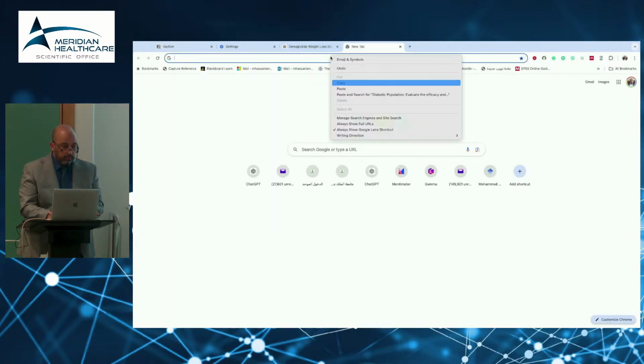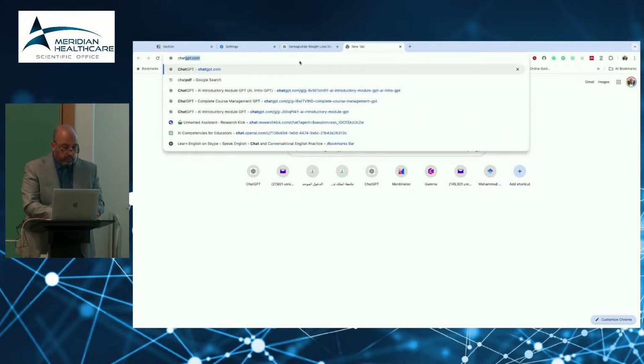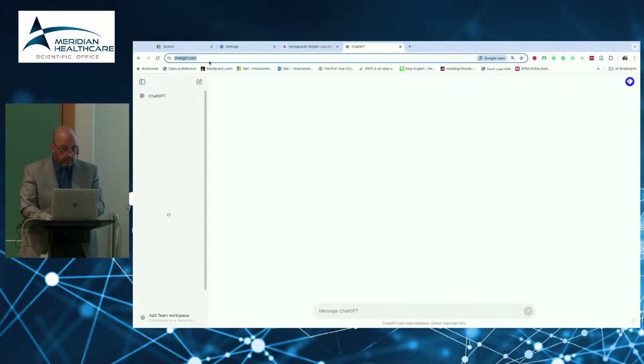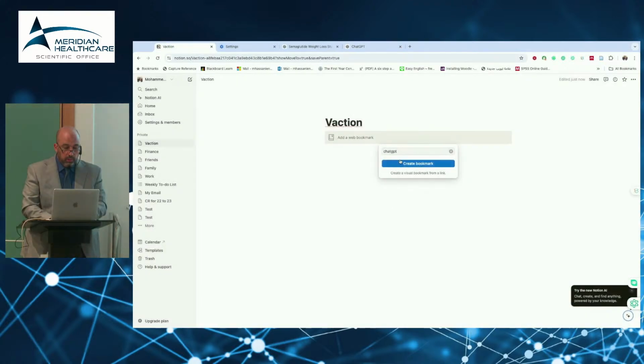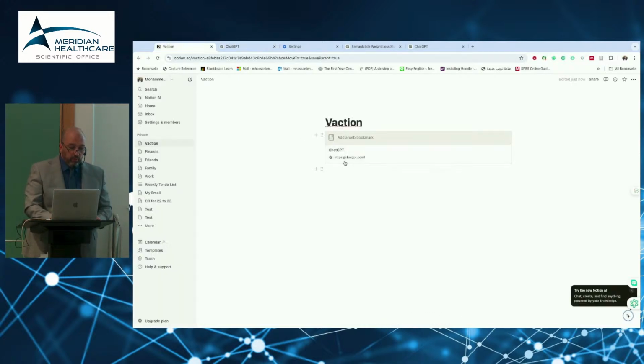ChatGPT, sorry. You can take it from here, Control C, then go here, Control V, create bookmark. So even ChatGPT will be a part of your bookmarks here.